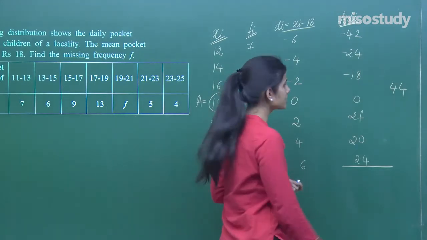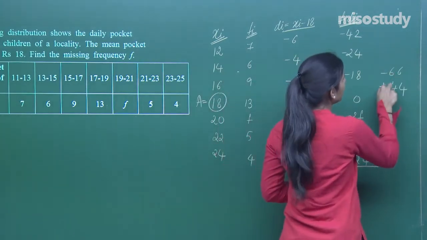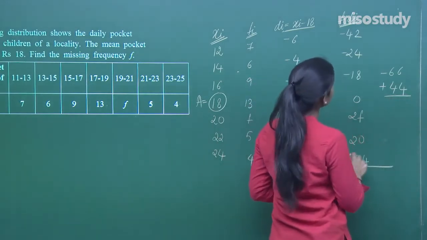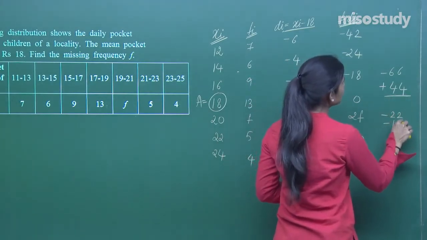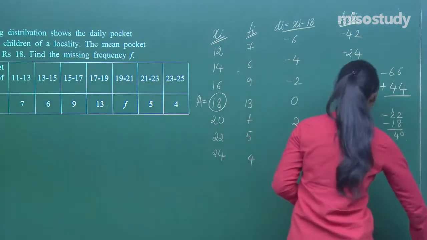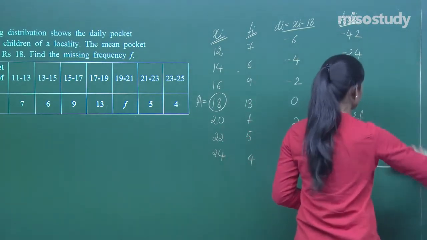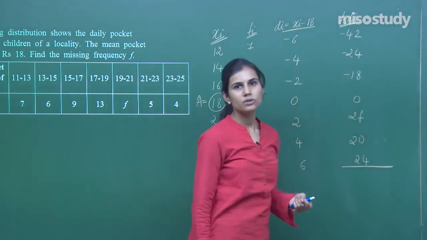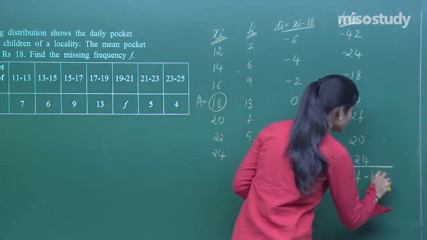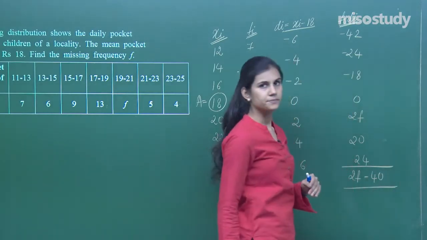Minus 66 plus 44 gives you minus 22, minus 22 minus 18 gives you minus 40, so you have minus 40 plus 2f, or 2f minus 40.